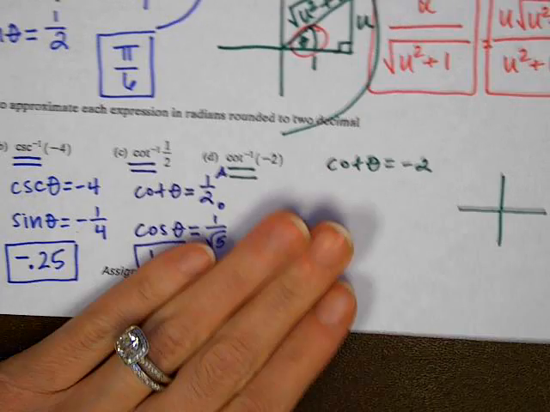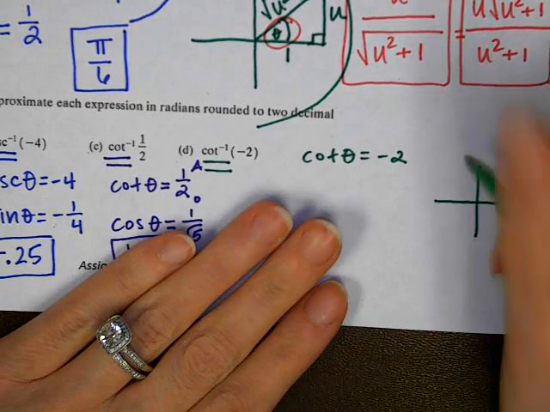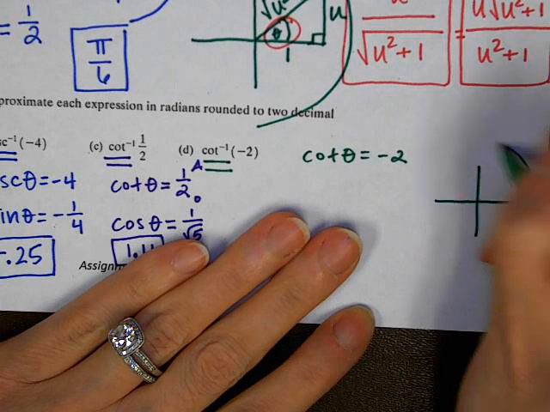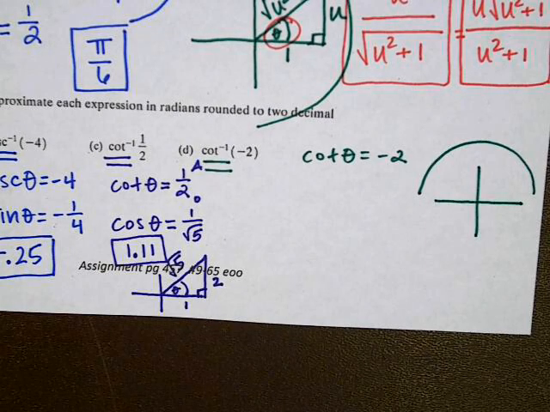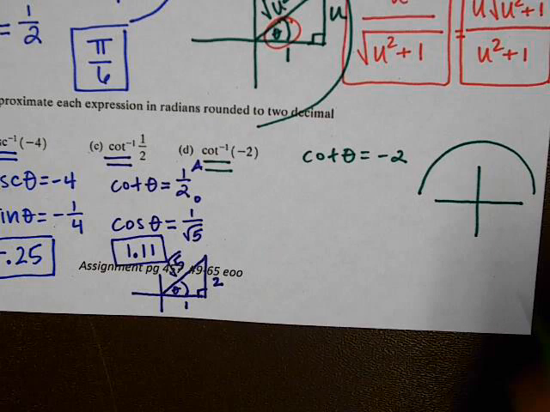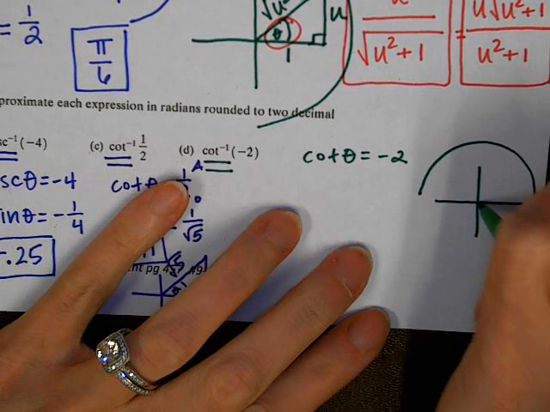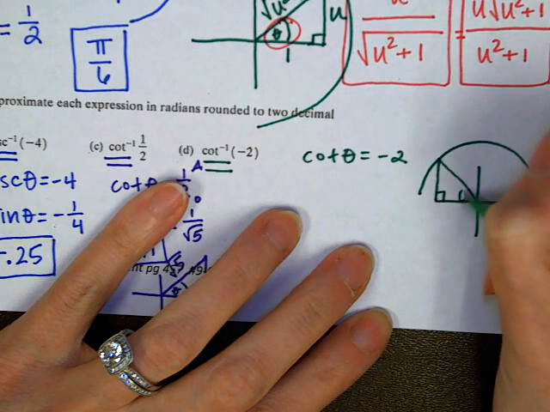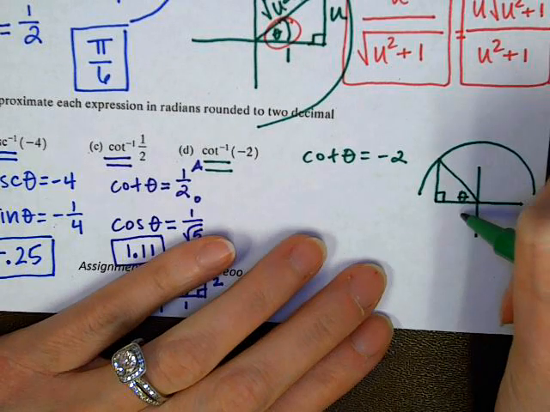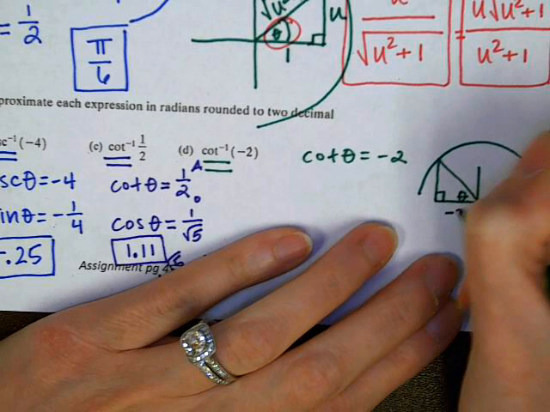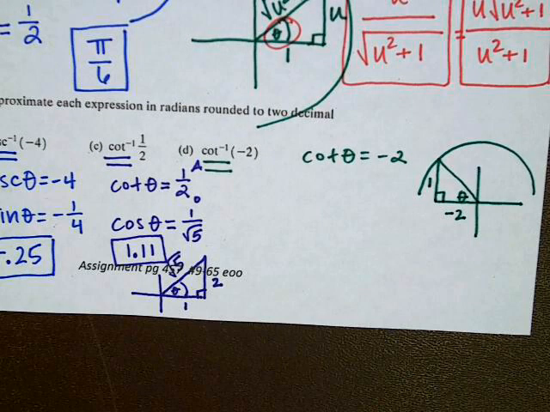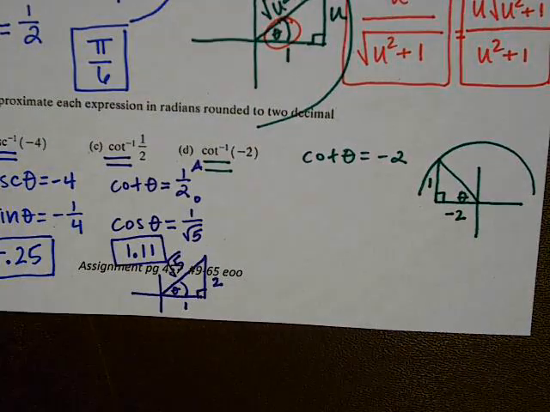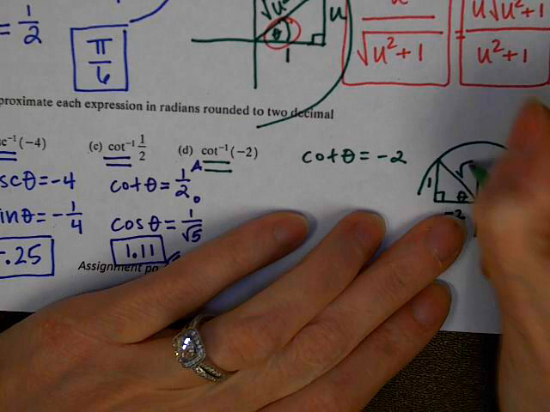Now, since cotangent's inverse restriction is from 0 to pi, and it's negative, then we know that it's in this quadrant, right? Okay, so if cotangent is -2, that means adjacent is -2 and opposite is 1. And Pythagorean theorem gives us √5 again.